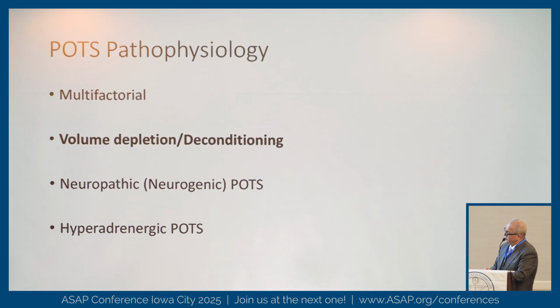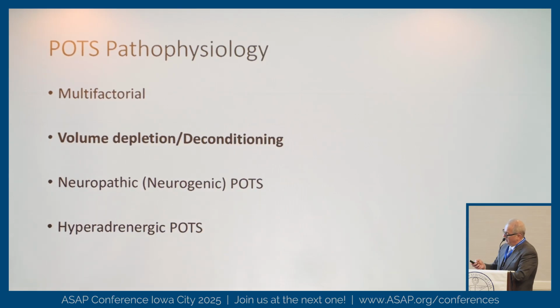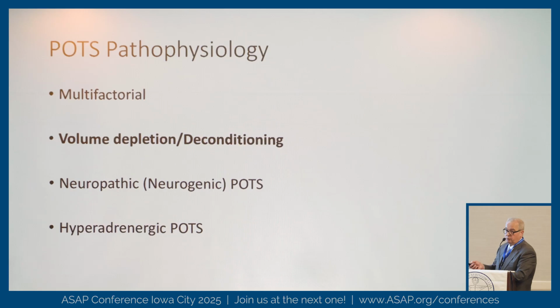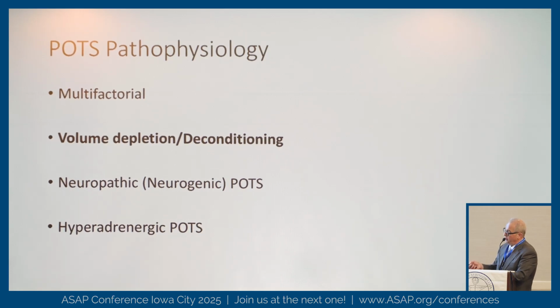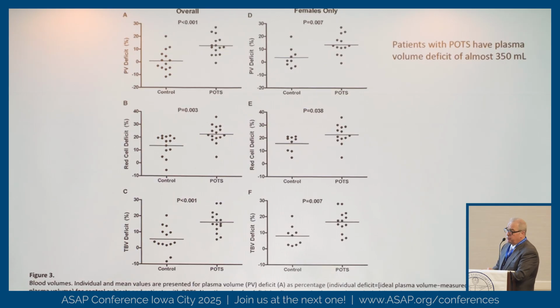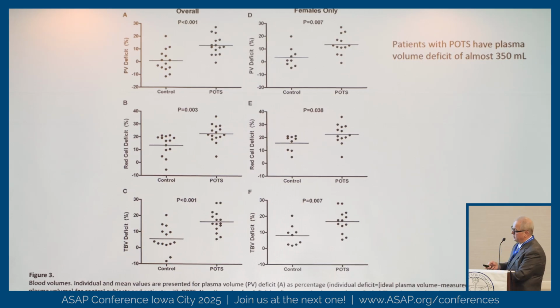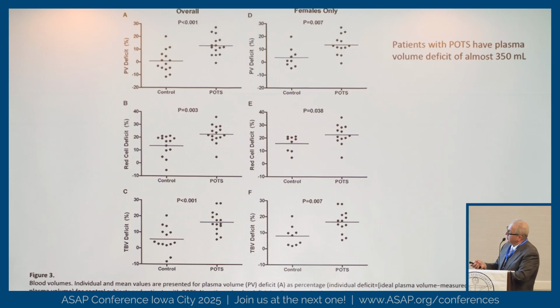It's multifactorial as a condition, so probably the most common denominator is that there is volume depletion and deconditioning. A couple of other factors are neurogenic or neuropathic POTS and hyperadrenergic POTS, and I will talk briefly about those. But volume depletion is very common and seems to be present in virtually every case of POTS. This was a study that was done at Vanderbilt a while ago that looked at the total blood volume, plasma volume, and red cell mass.